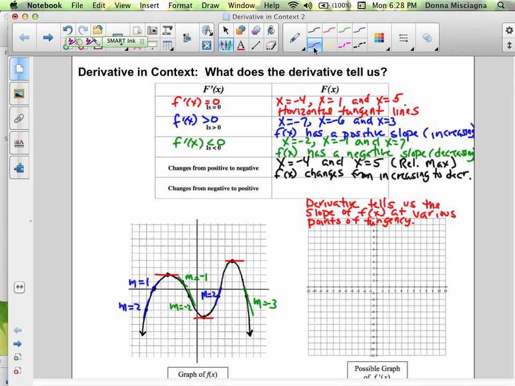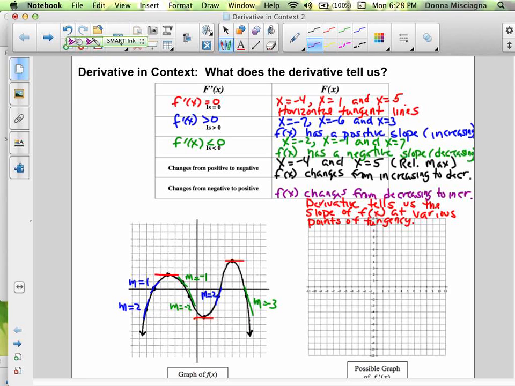Changes from negative to positive. So where f prime of x changes from negative to positive, f of x changes from decreasing to increasing. I hope you can figure out my little abbreviation there.